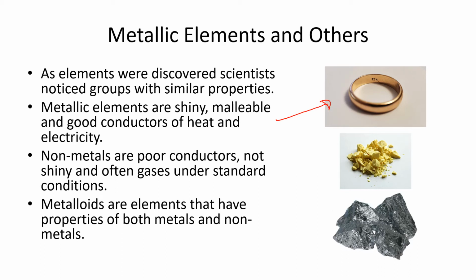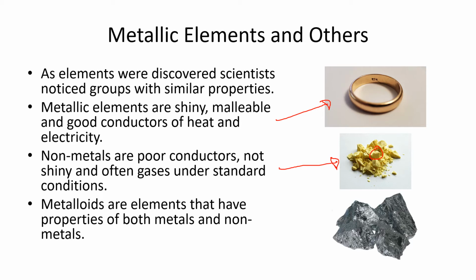You can bend them and mold them. They're kind of shiny, and they're good conductors of electricity. Then you have a group that basically has the opposite set of characteristics. So good old sulfur again here is not very shiny, and it's not very malleable, and it doesn't conduct electricity. It's pretty much the opposite of everything there.